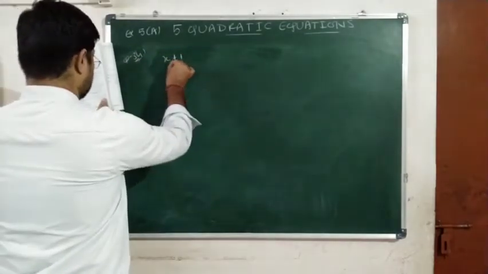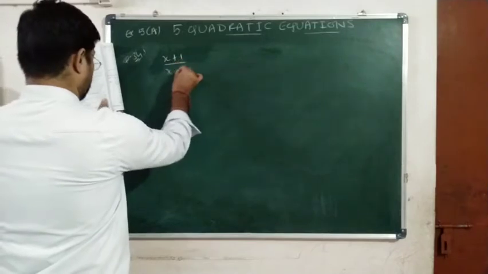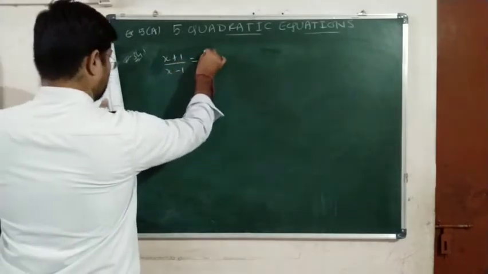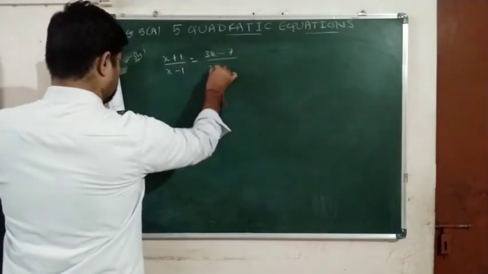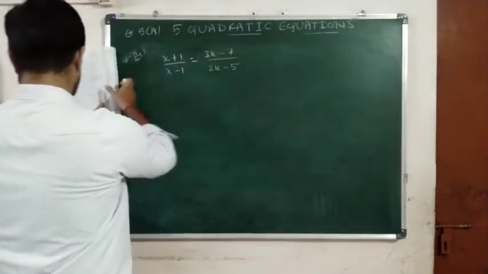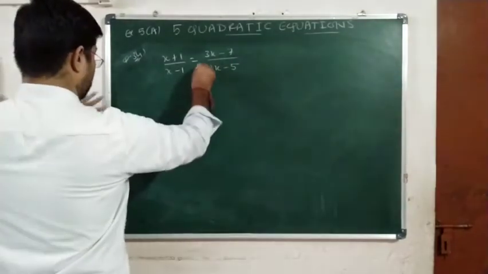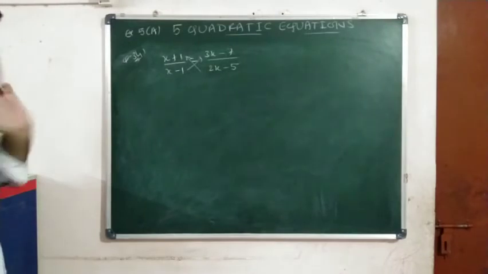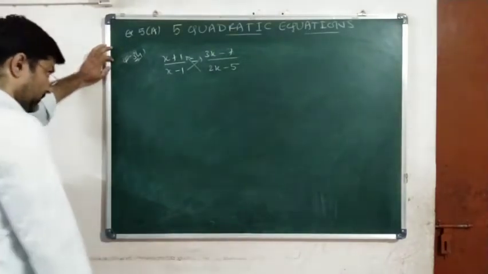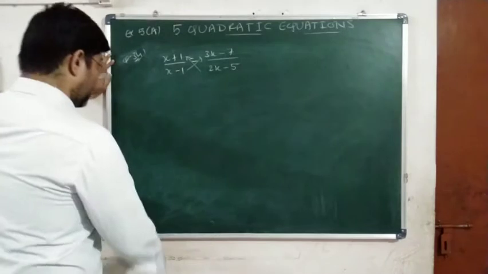Okay, we have (x plus 1) upon (x minus 1) is equal to (3x minus 7) upon (2x minus 5). We will simplify this equation, yes or no, and convert it into the standard form of a quadratic equation.